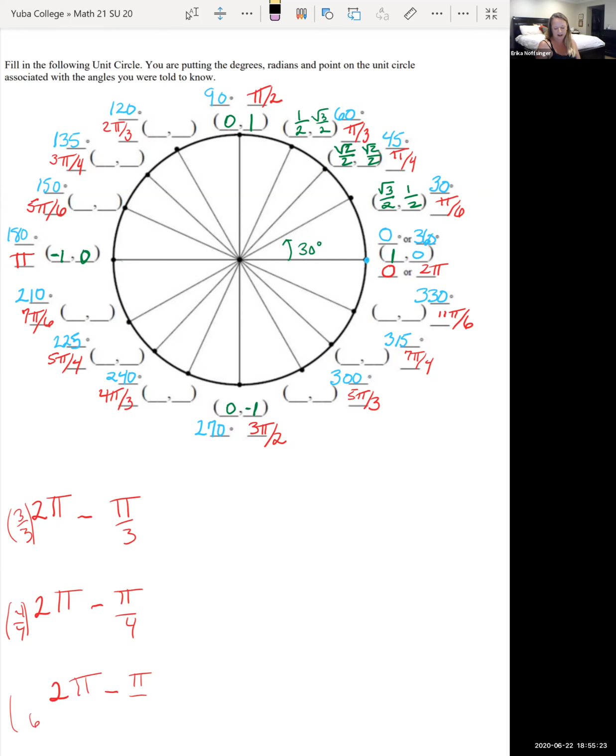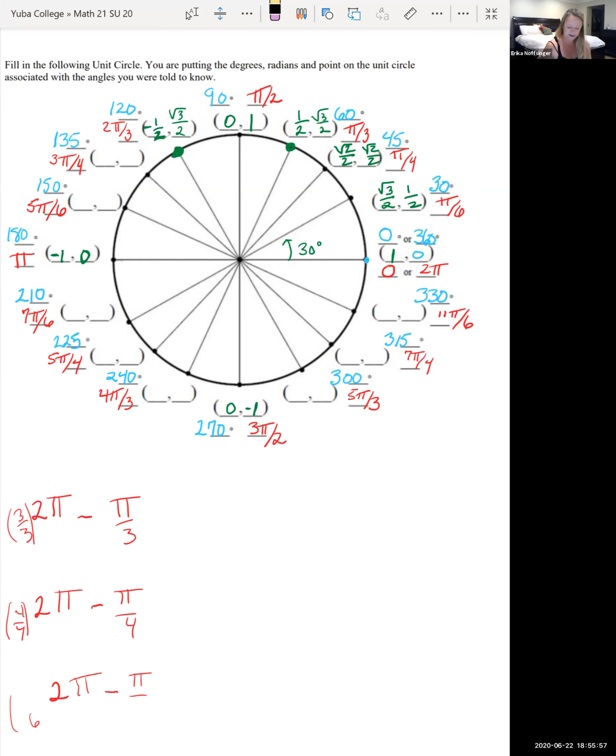Okay, so from here, all we have to do is think of the sign, positive or negative, in these quadrants. Basically, they're reflections. This right here is a reflection across here. And so my y value stays the same, √3/2, but my x value is now not positive anymore, it's negative. X is negative in quadrant 2.